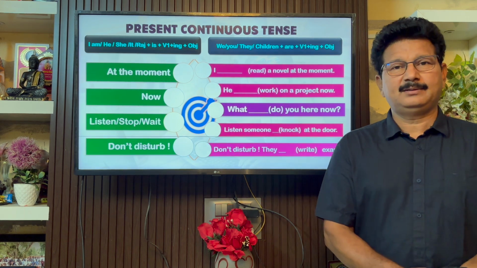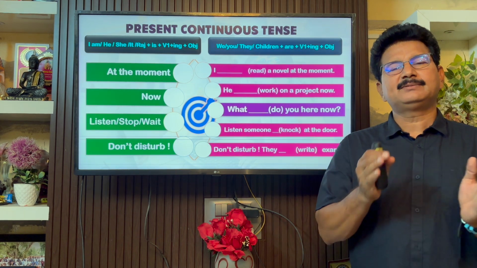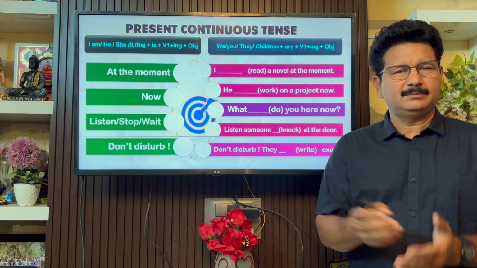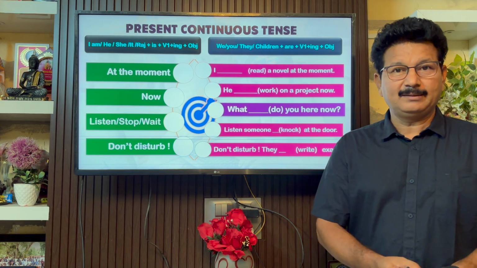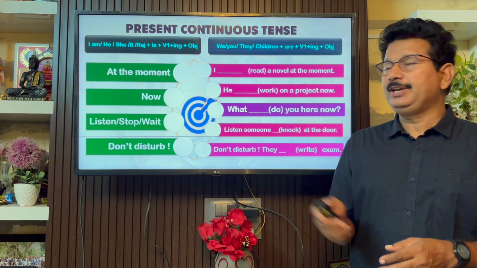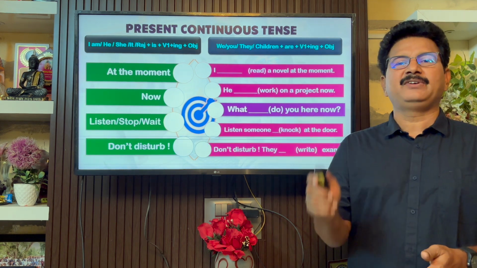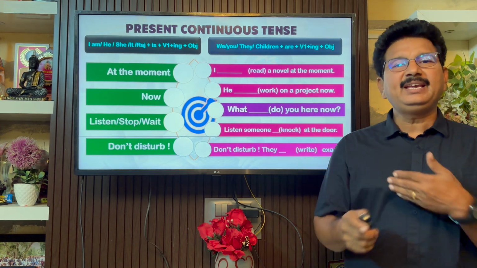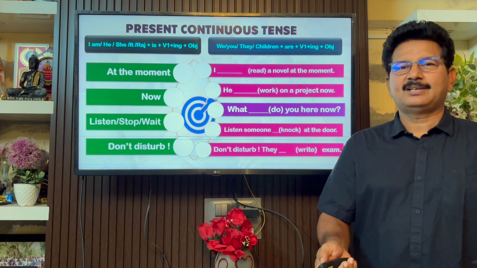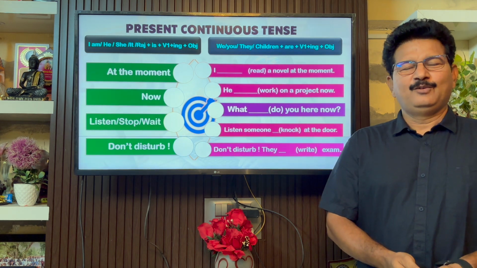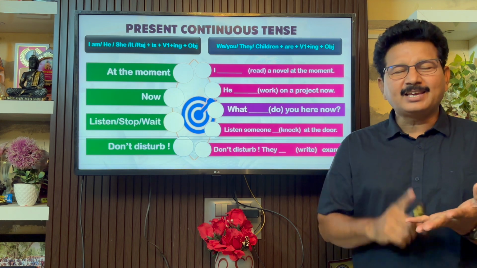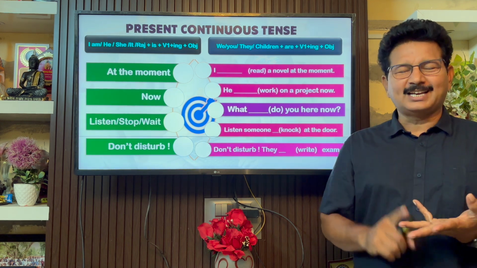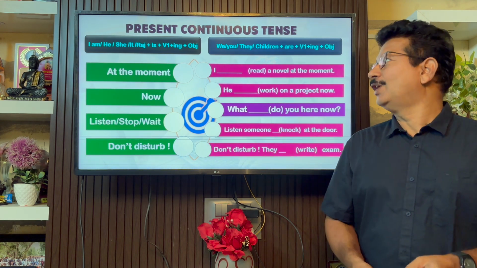And if you look at the sentence pattern, with I, it's am plus V1 plus ing. With he, she, it, Raja, it is is plus V1 plus ing. And with we, you, they, it is are plus V1 plus ing. First, you identify the keyword, then you follow the sentence pattern, and then you do the answer.